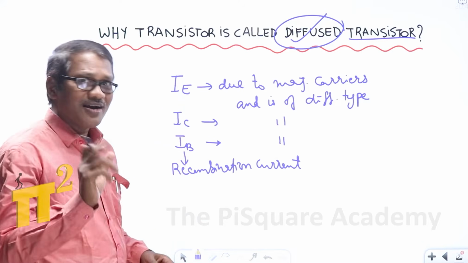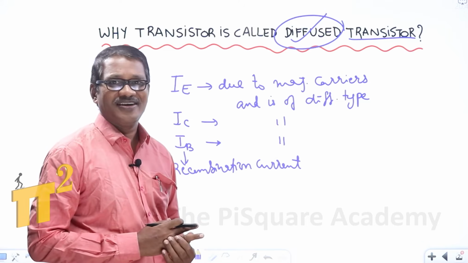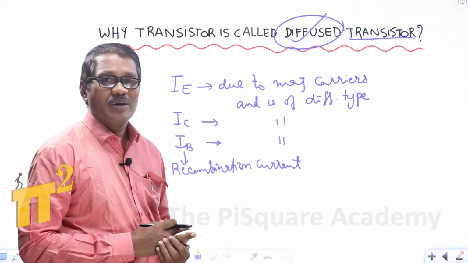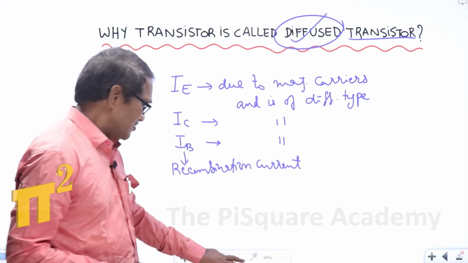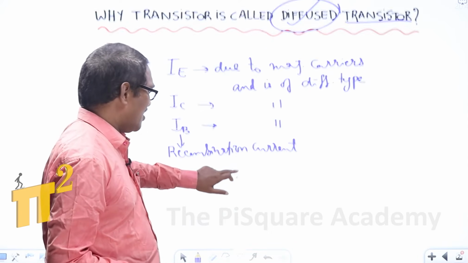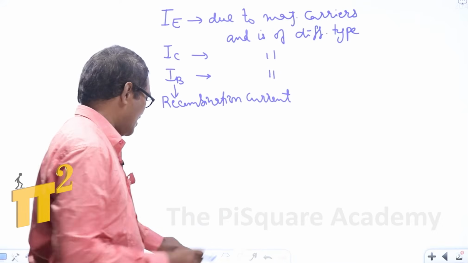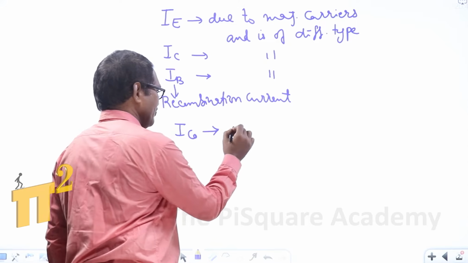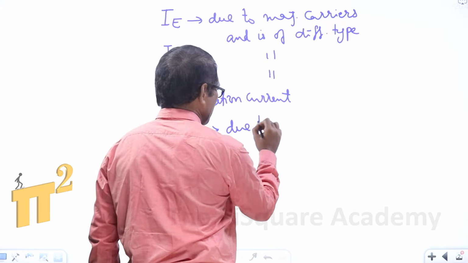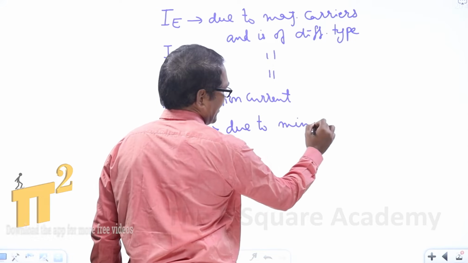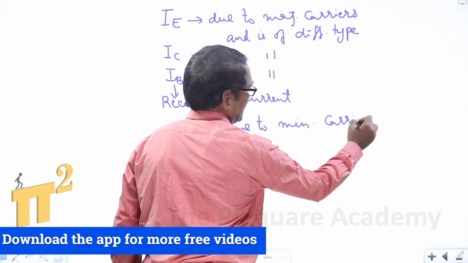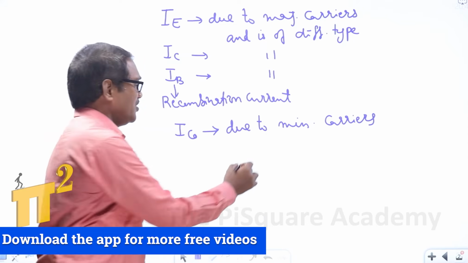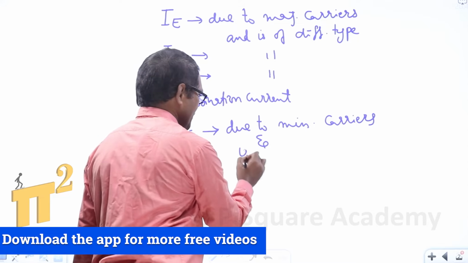So one more current component will be coming into the picture in a transistor, that is due to minority carriers. That is IC naught. IC naught is due to minority carriers and is of drift type.